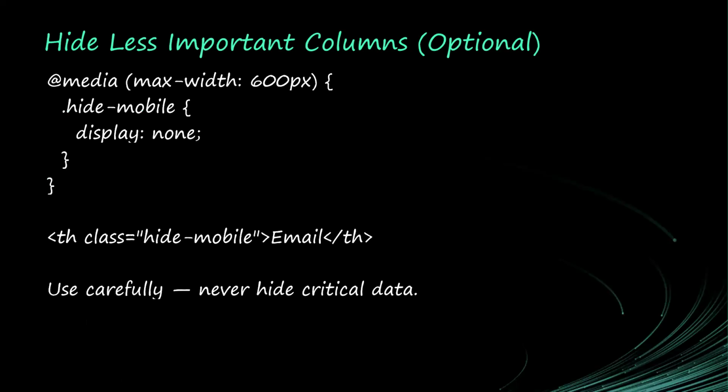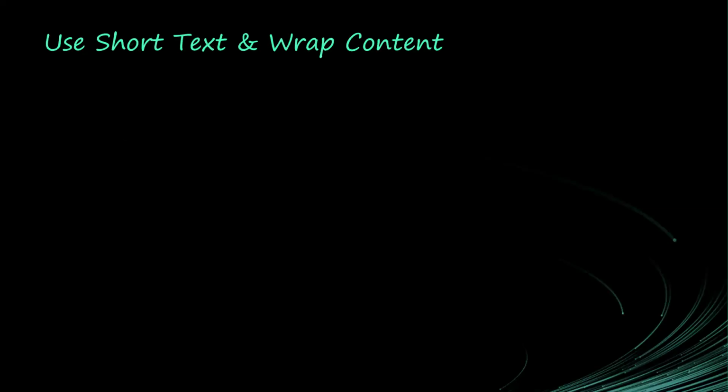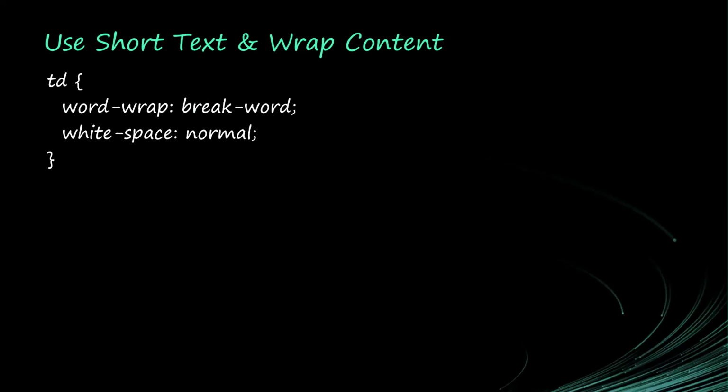When you're working with scrolling, you can hide less important columns. It's not every column that might be important for the user, so you can hide some of them. You can use short text and wrap content.